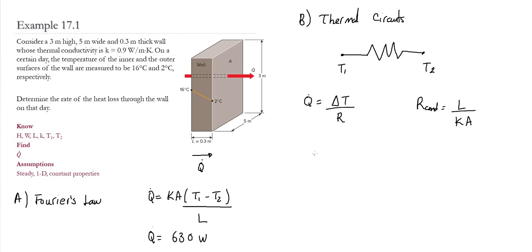So we simply say Q dot is equal to the two temperatures, T1 minus T2, divided by the length over k and A. If we substitute these values, we must get exactly the same result, which is 630 watts.